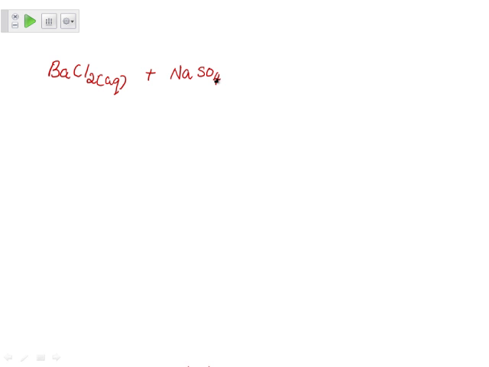SO4 is what charge? 2 minus. So how many sodiums do you need? You need 2 sodiums. So Na2SO4. That is also aqueous because it says solutions of barium chloride and sodium sulfate. So you identified your reactants with their physical state. That is the first step.